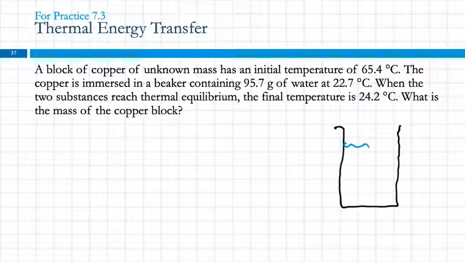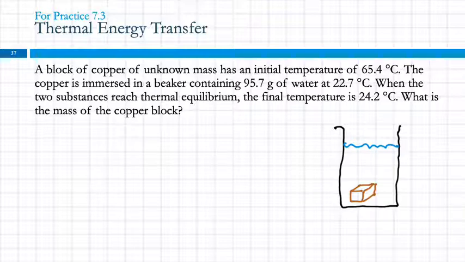So here's a beaker with water in it. Water's blue, right? And then we've got a piece of copper in it, a block. So I'm going to put a block of copper in there, and I'll make that copper colored because I can. So let's pull the information out of the problem and write it down.